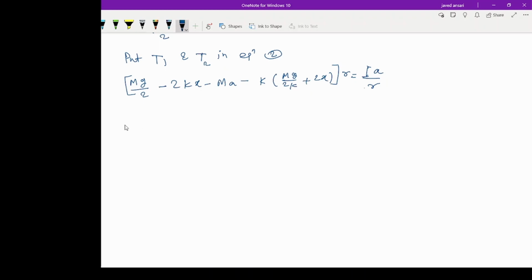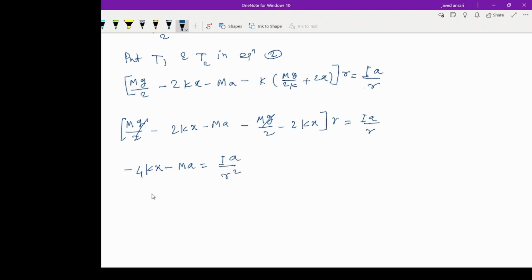Okay, let's try to solve this. mg by 2 minus 2kx minus ma, minus mg by 2 plus 2kx, times R equal to I a by R. So this mg by 2, this mg by 2 you can cancel, and then it becomes minus 4kx minus ma equal to I a by R square, right?